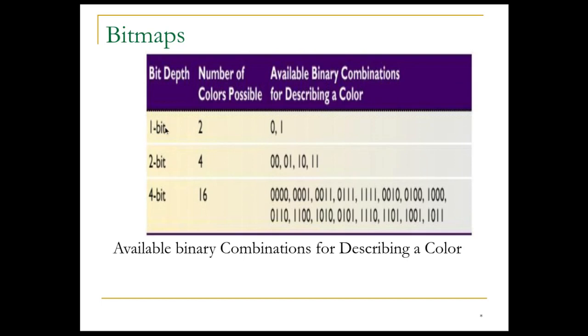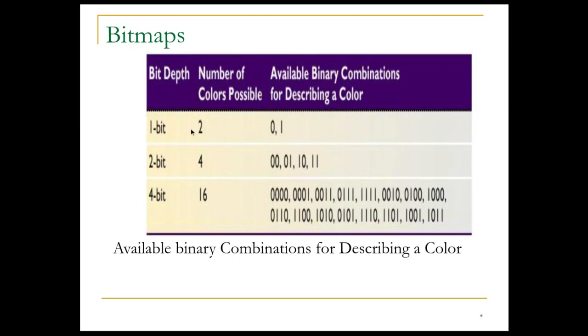But the number of bits determines the number of colors that you can do. So if you use 1 bit, you can only do 2 colors. If you want to represent your points with 2 bits per point, then you can have a total of 4 colors possible to represent whatever you are representing as an image.